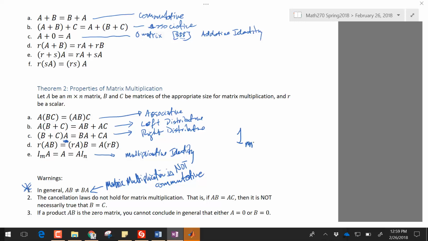That fact doesn't work here either. Just because A times B is equal to 0 does not mean that one of those is a zero matrix. They could be both non-zero matrices, and then when you multiply them, you get 0. So there's these warnings to watch out for. They all involve multiplication. Any questions?